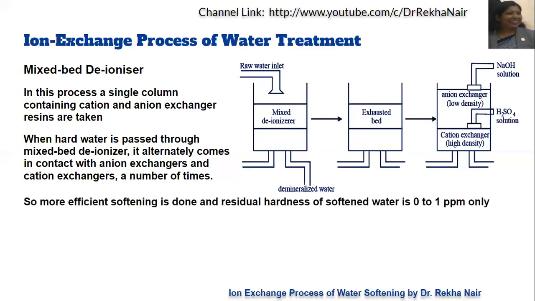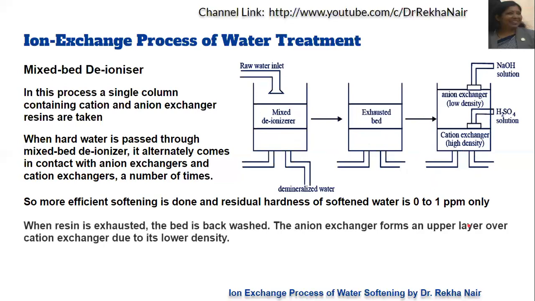So it gives efficient softening, even compared with the ion exchanger resin, and the residual hardness is almost nil, at the maximum 1 ppm sometimes. Now, when the resins are exhausted, in case of the ion exchanger resin, the cation exchanger resin was regenerated with the help of acid, and the anion exchanger resin was regenerated with the help of base.